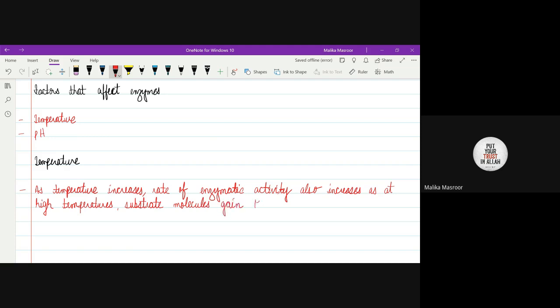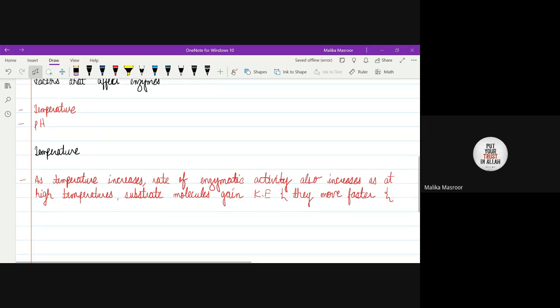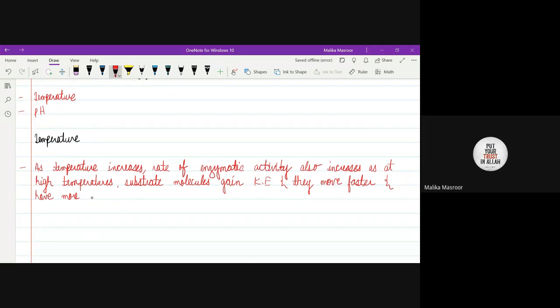Substrate molecules gain kinetic energy and they move faster and collide with one another and have more and more successful collisions with enzymes.